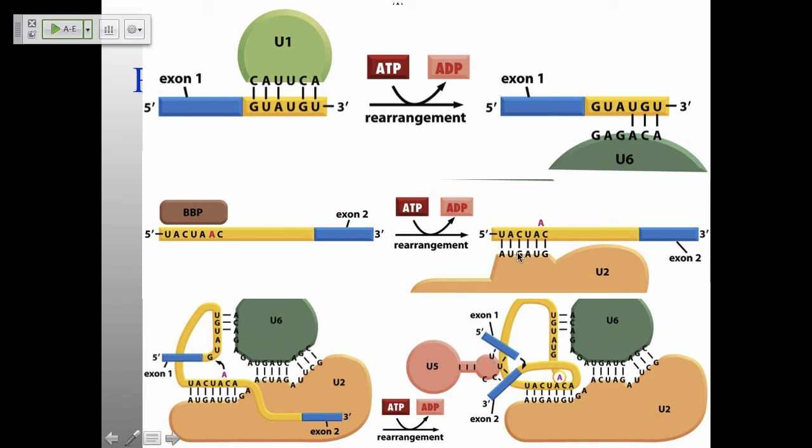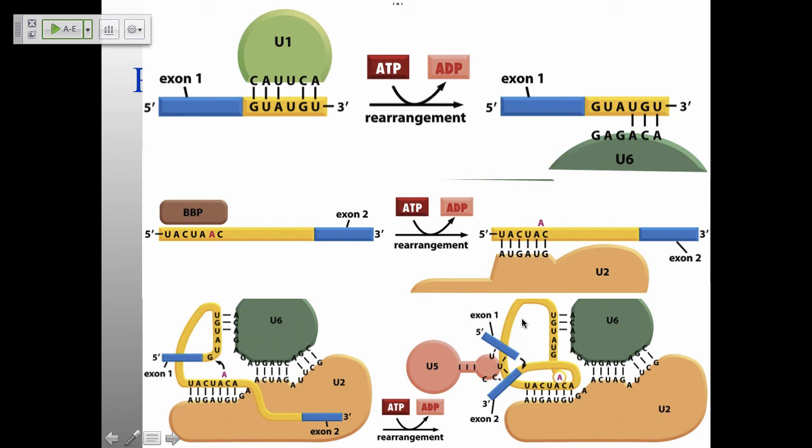Really important with U2 is all these base pairs are great, and it sticks this A out. And that A gets pushed out so that the 2' OH is going to be available to make that 2' to 5' linkage. After you have this interaction with U2, there's yet another RNA helicase activity, which changes how U2 is binding to U6, how U5 comes in.